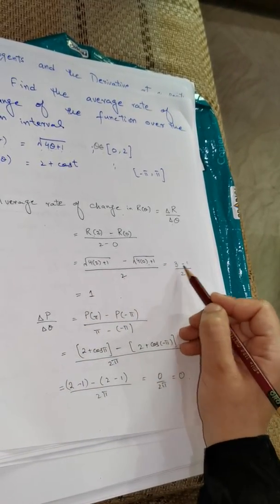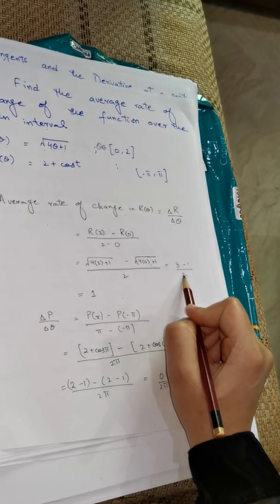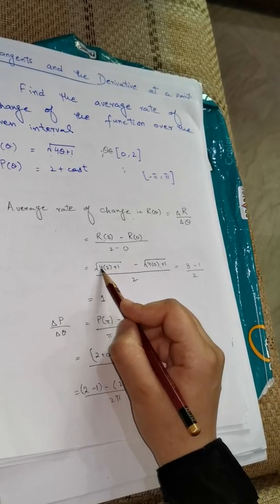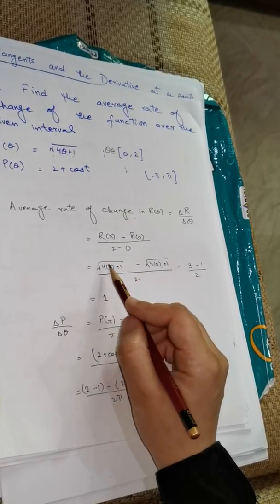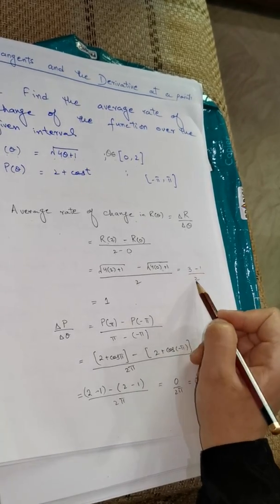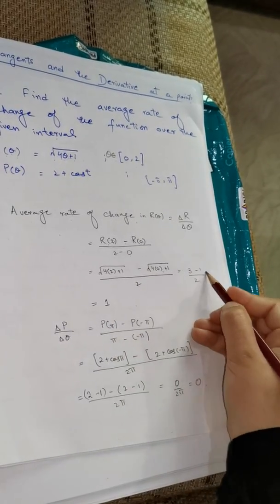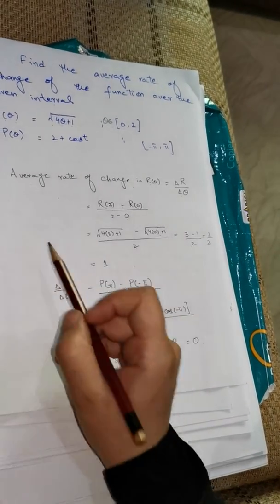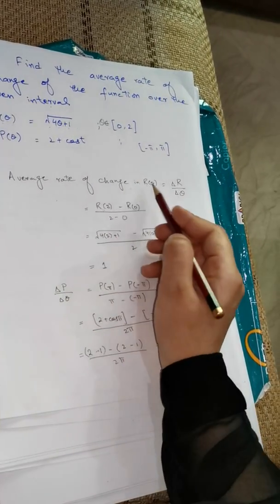So it is equal to 3 minus 1 over 2. Simplify these values. 4 into 2 is 8 plus 1, square root of 9. Square root of 9 is 3, and this one is 0, square root of 1 is 1. So 3 minus 1 over 2 is 2 by 2, which gives you 1. So this one is the average rate of change of r.